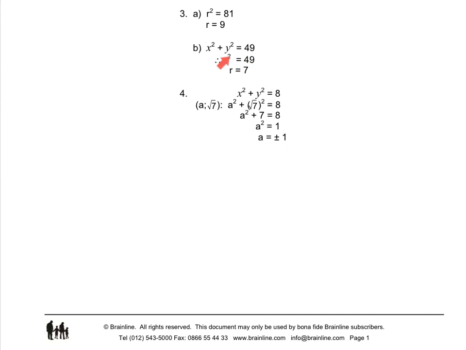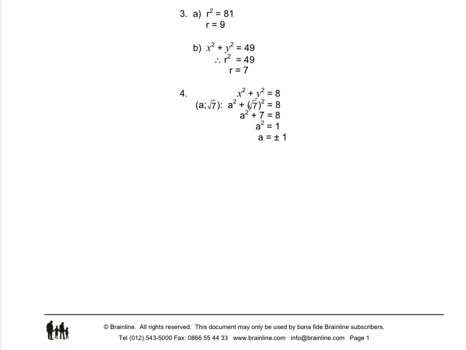To get rid of the square, we draw a square root on both sides. The square root and the square cancel one another out, and I'm left with r on the left-hand side. And then the square root of 49 is plus or minus 7. Once again, I only use my positive value because the distance or the radius is always a positive value.